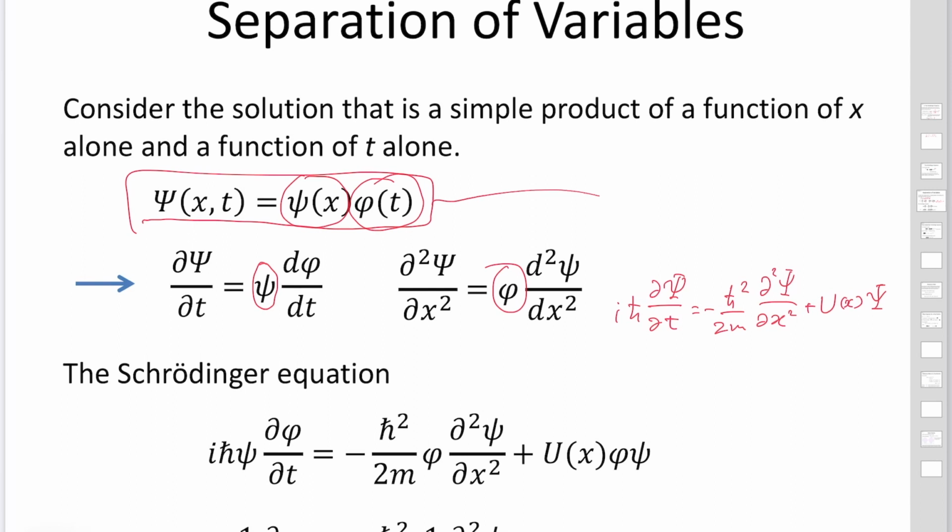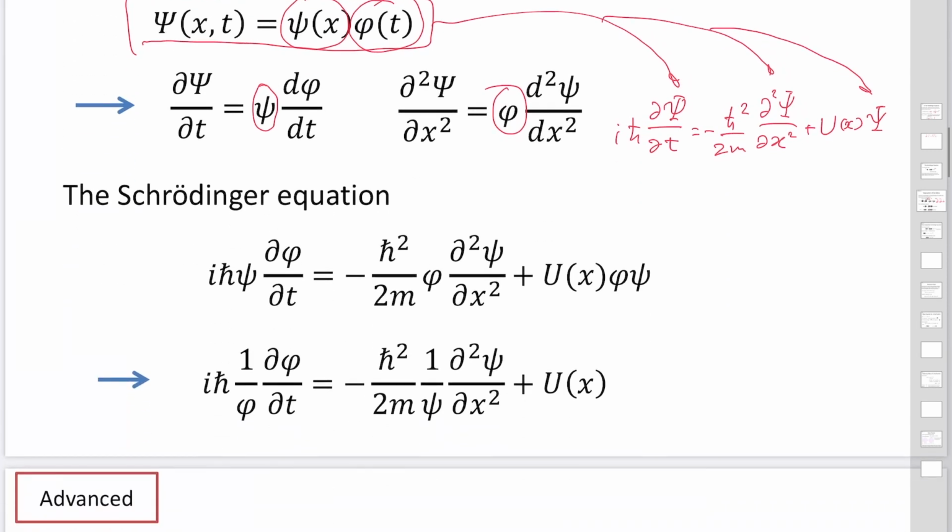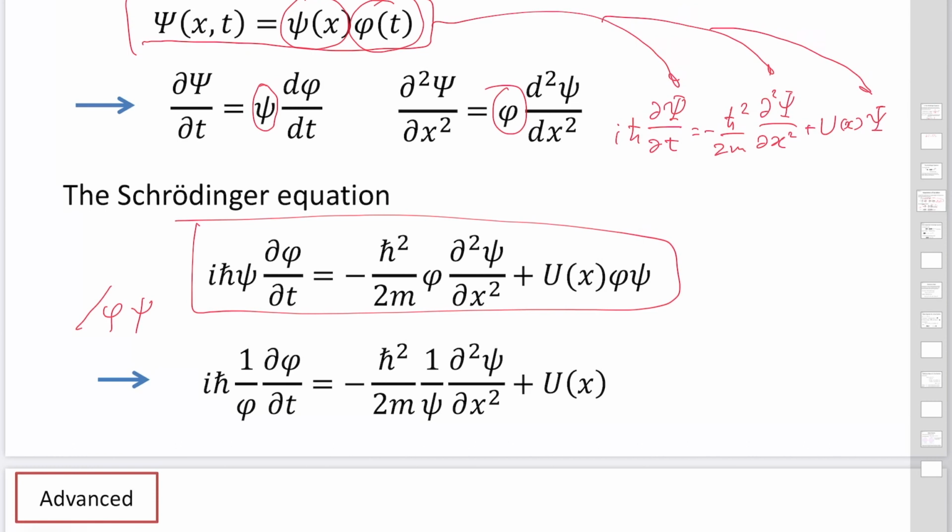Then substitute. Then it becomes the next line. Then you can divide by phi and lower case psi. Then it becomes the next line, these equations.